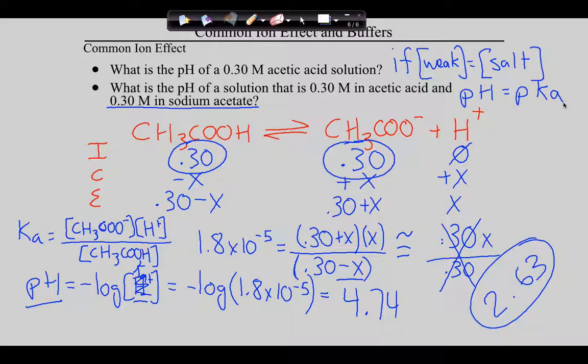If the concentration of the weak electrolyte is equal to the concentration of the salt, then pH is pKa.